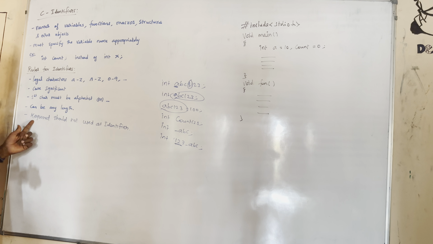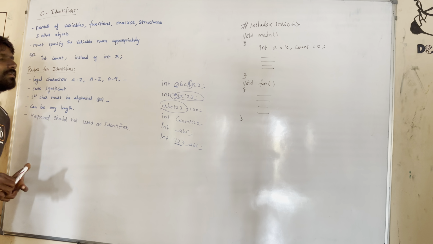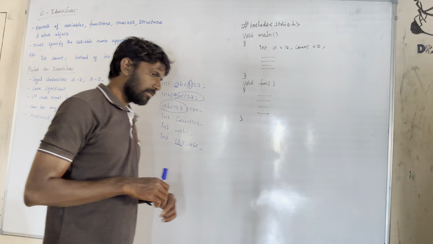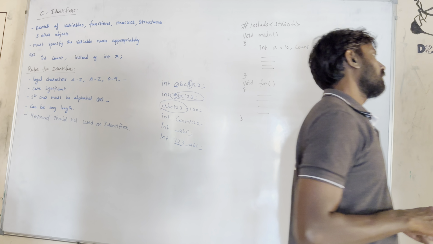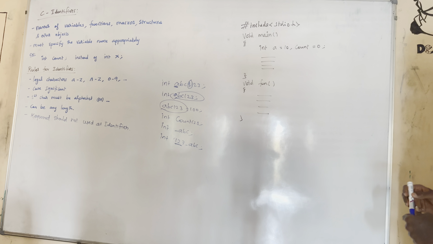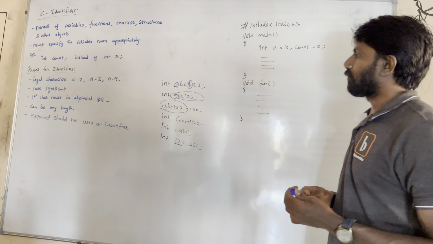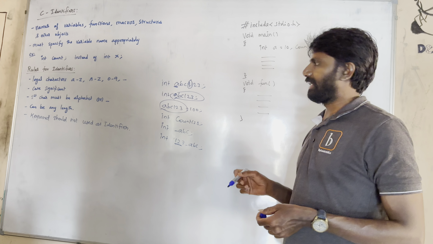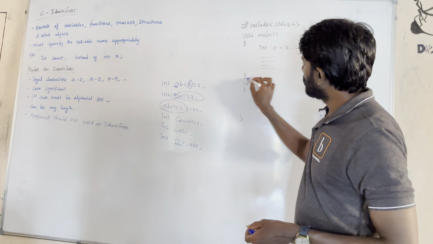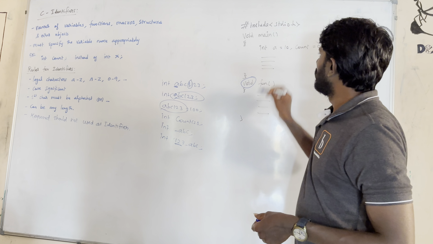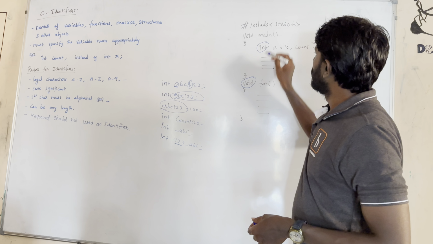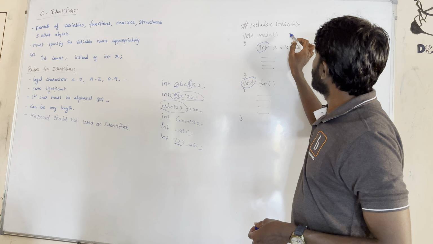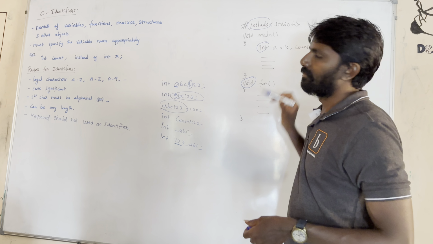And as a last point, a keyword should not be used as an identifier. So keyword means the predefined words. Example, void is a keyword, int is a keyword, and include is a keyword.